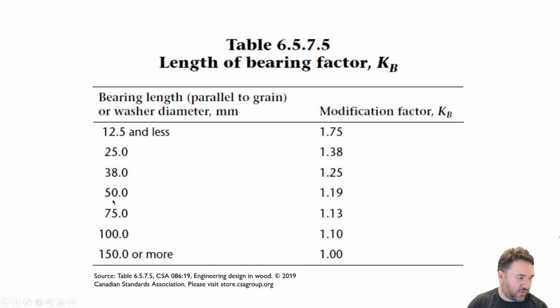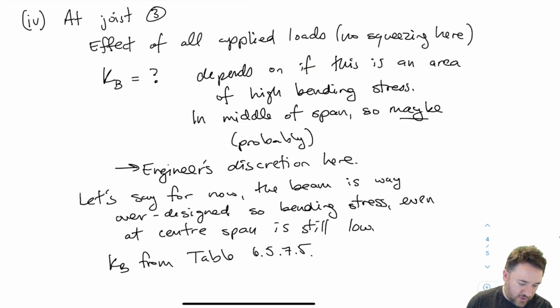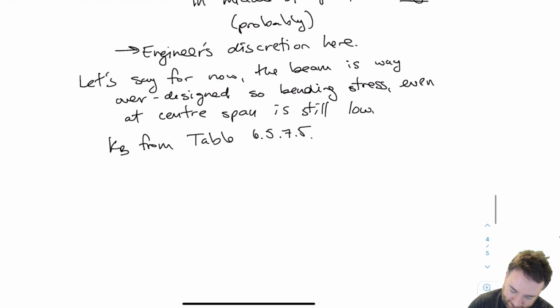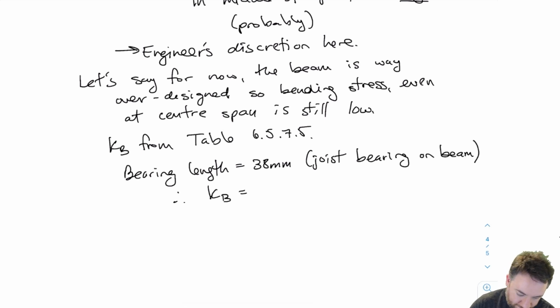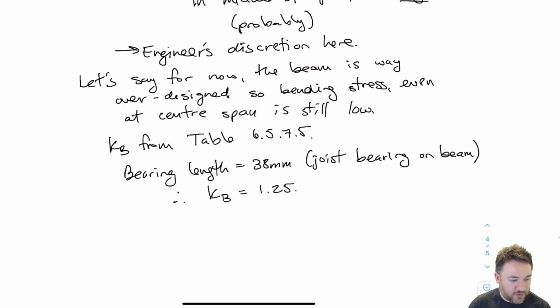If I had a value that was in between these numbers, then I could linearly interpolate between these resulting modification factors. So bearing length is 38 millimeters, and again, we're looking at the joist bearing on the beam. Therefore, our KB is 1.25.